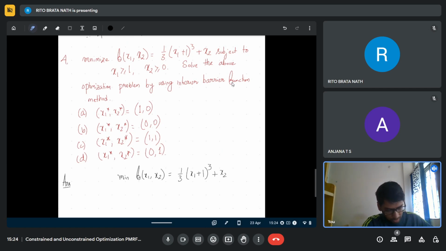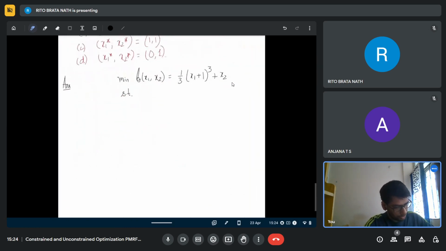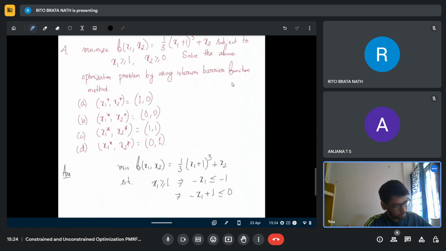So this is your objective function, and your constraints are x1 greater than or equal to 1, so you have to convert it as minus x1 less than or equal to minus 1, or minus x1 plus 1 less than or equal to 0.